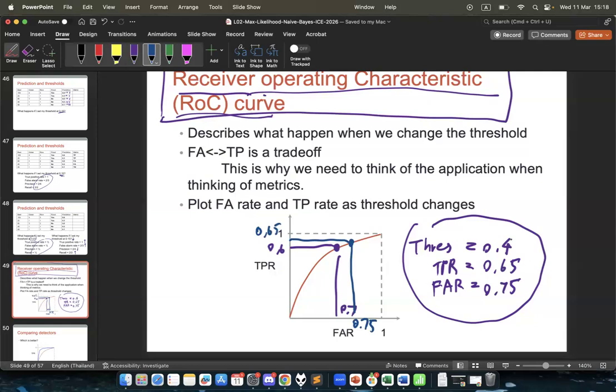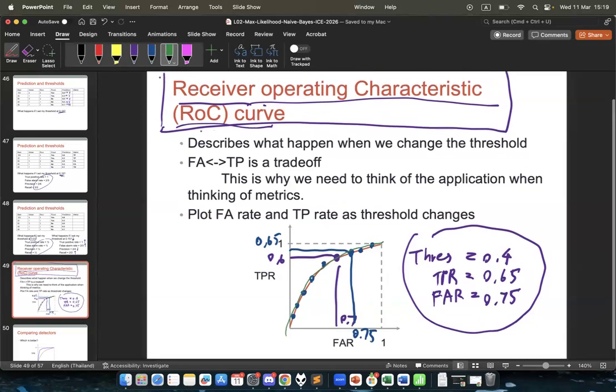As you change the threshold, you get one point in this figure. And after you get enough points, you draw a line, and this line is called the ROC curve.